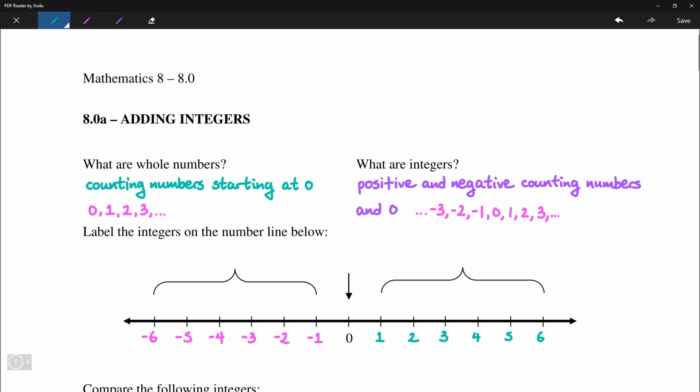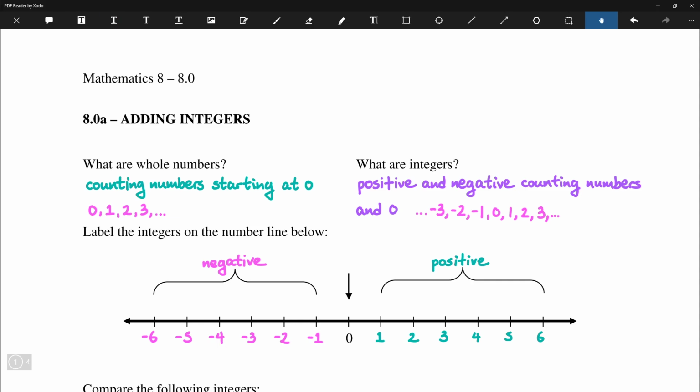Okay, so once again, to the right of 0, we have increasing positive integers. And to the left of 0, the integers increase negatively. So just like that.